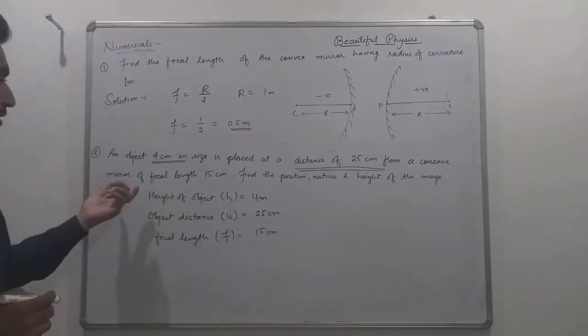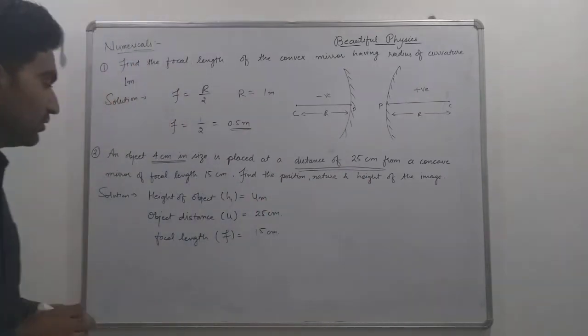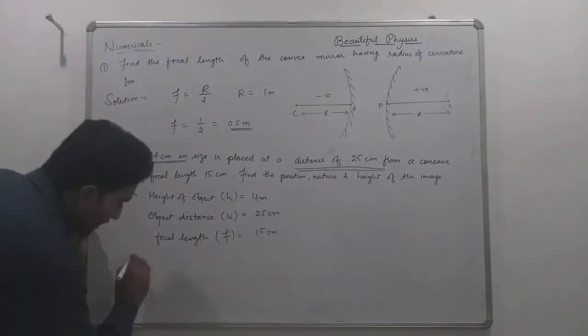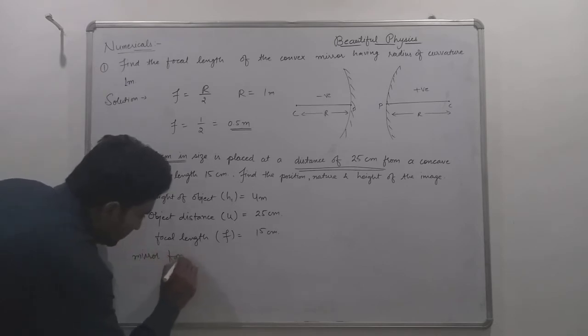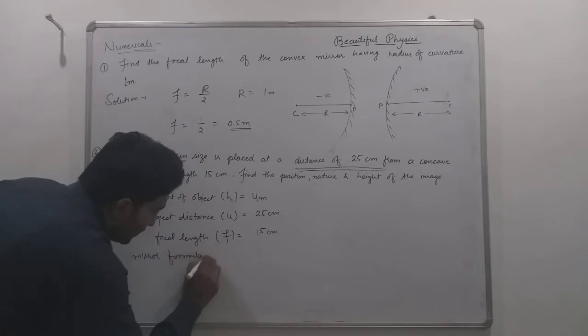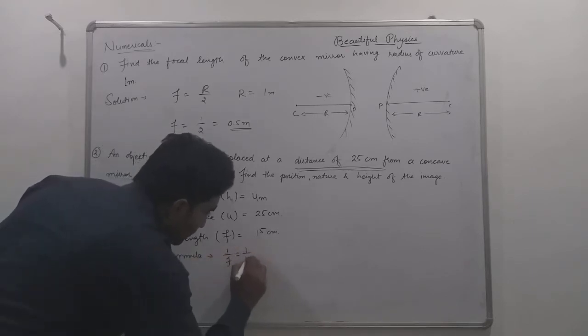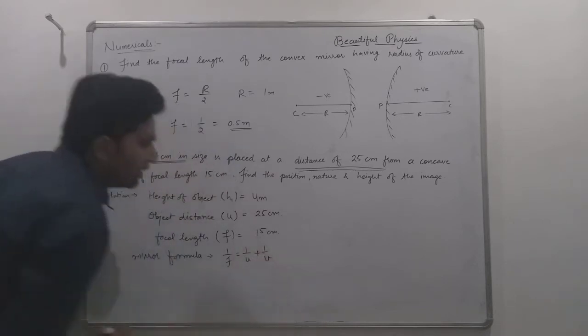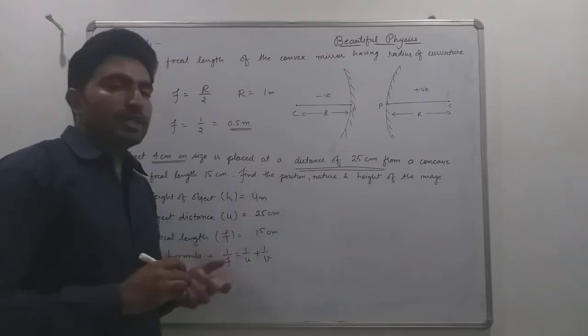We have to find the position, nature, and height of the image. So we have the mirror formula, which is 1 by f is equal to 1 by u plus 1 by v. Here we have to find the position of the image formed.